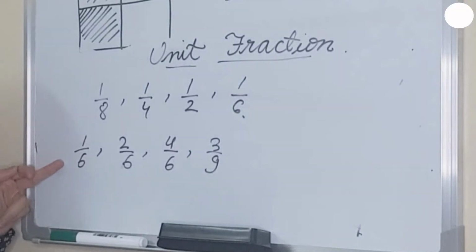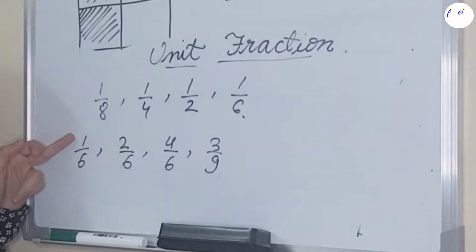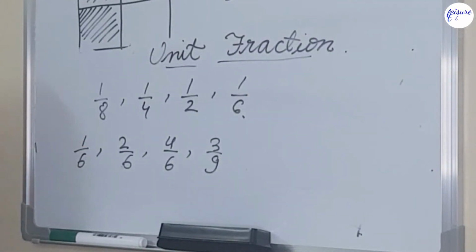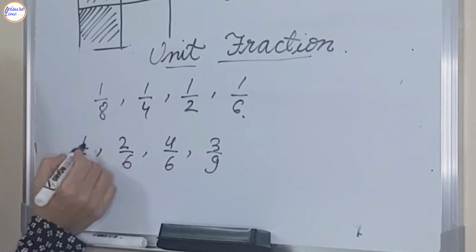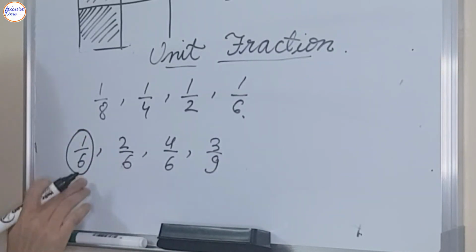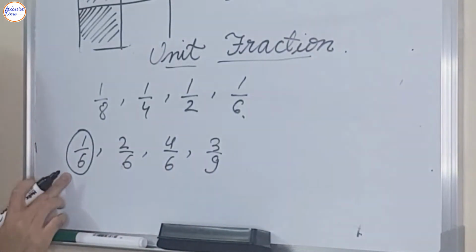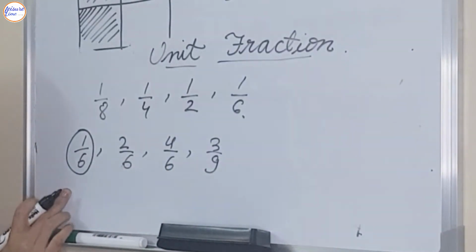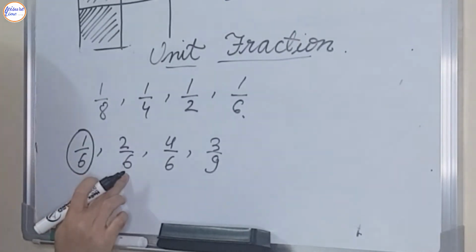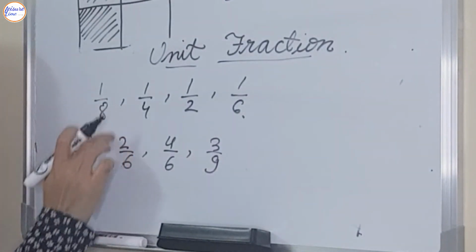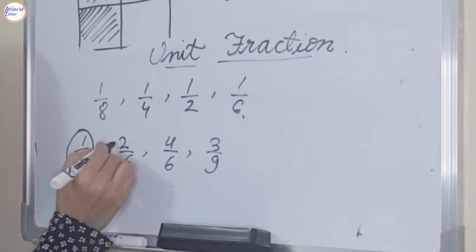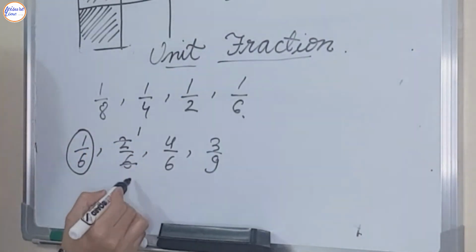Of course here the numerator is 1, which means this is a unit fraction. If I ask you how many of these fractions are unit fractions, this 1 by 6 is a unit fraction. Now see 2 by 6, we can change this fraction into its lowest form.